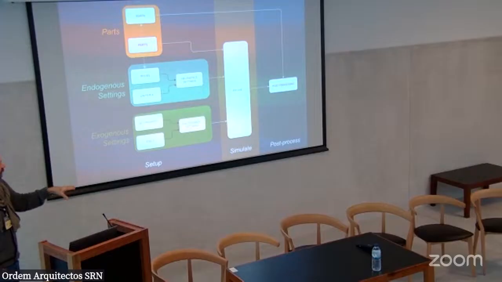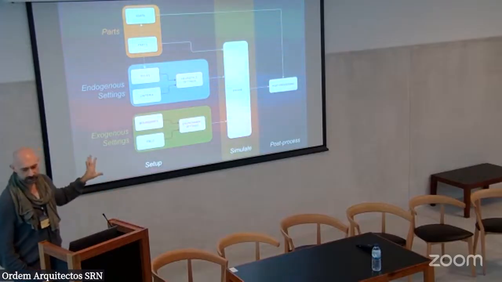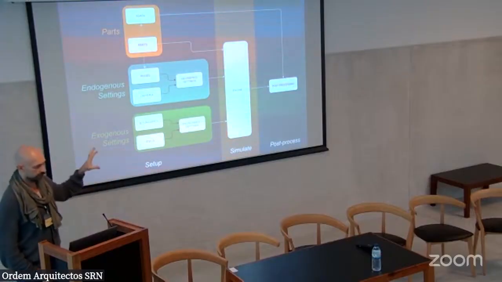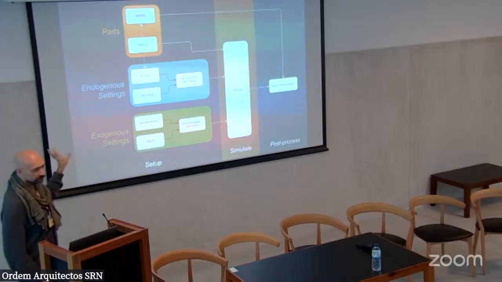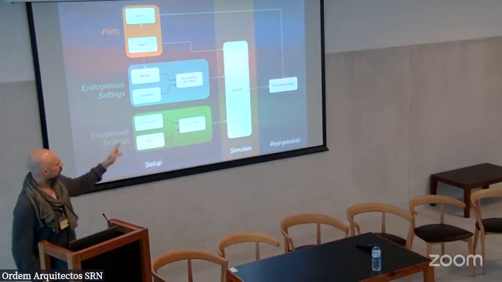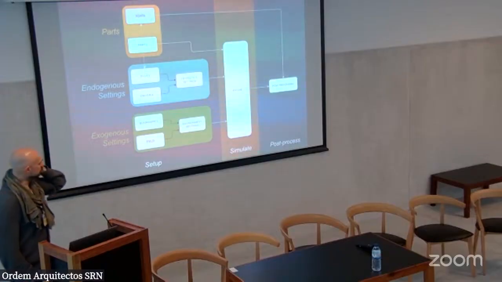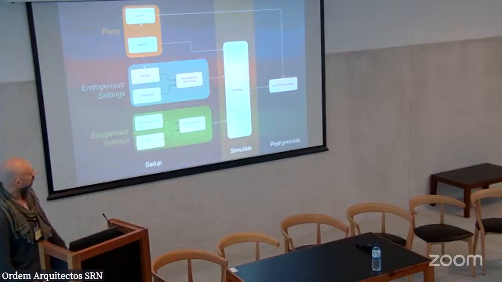And exogenous settings, so something related to the environment. So you can set up environmental objects, distribute data into space, so that the assemblage, as it grows, can relate to that data and perform decisions based on that distributed data. Then you have an engine that performs the operation that you've seen just before, and then you have some post-processing operation.